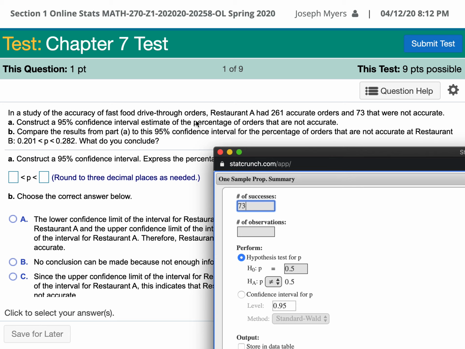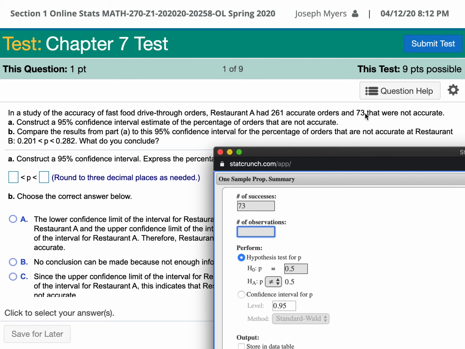Now normally you don't think of a not accurate order as being a success, but when you're trying to create an estimate of that, you have to classify the ones that are not accurate as the successes. So there's 73 successes. Now the total number of observations is the total number of orders altogether.